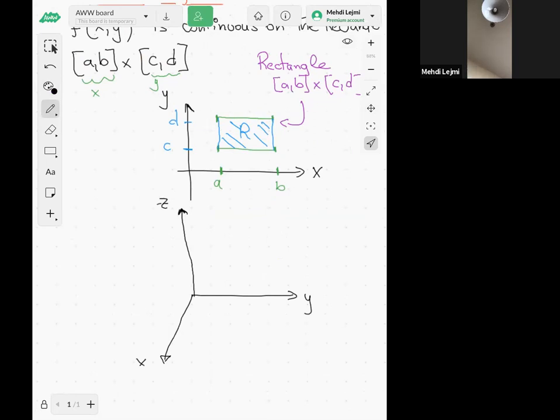Now, I have my rectangle AB cross CD. Here's my A, here's my B, and then let's say here's my C and D. And so I'm gonna have this rectangle on the XY plane. Here is the rectangle, this is my rectangle R, capital R.